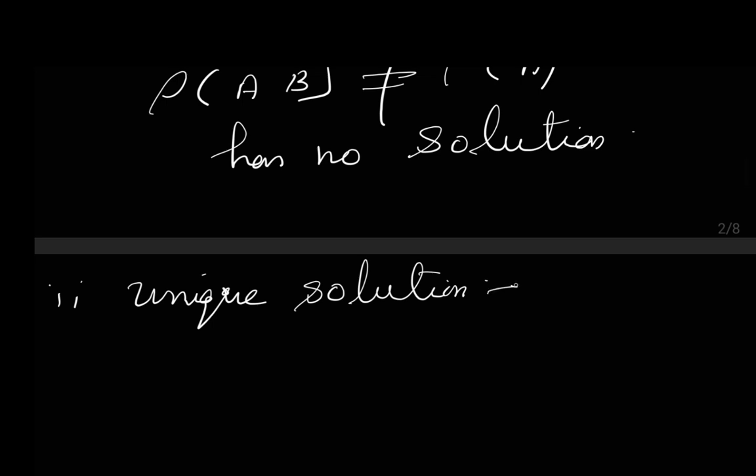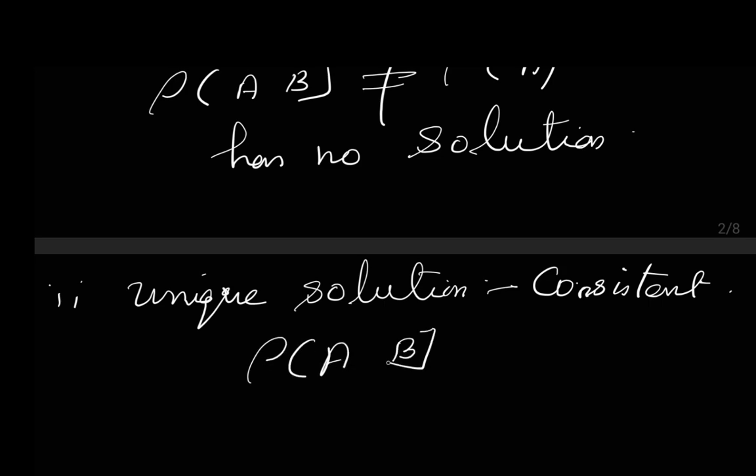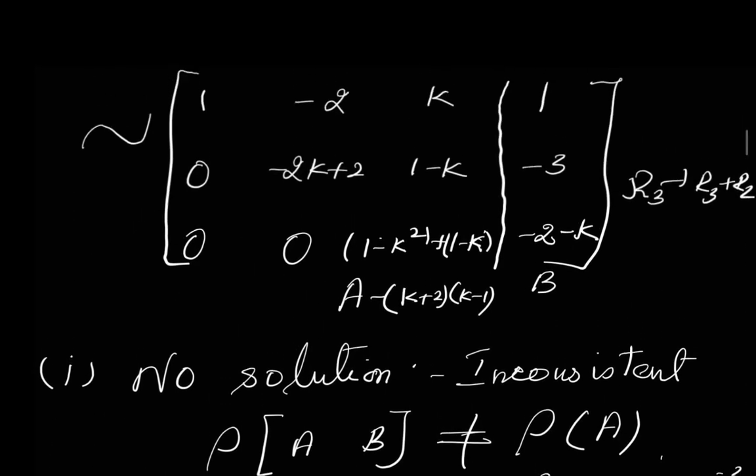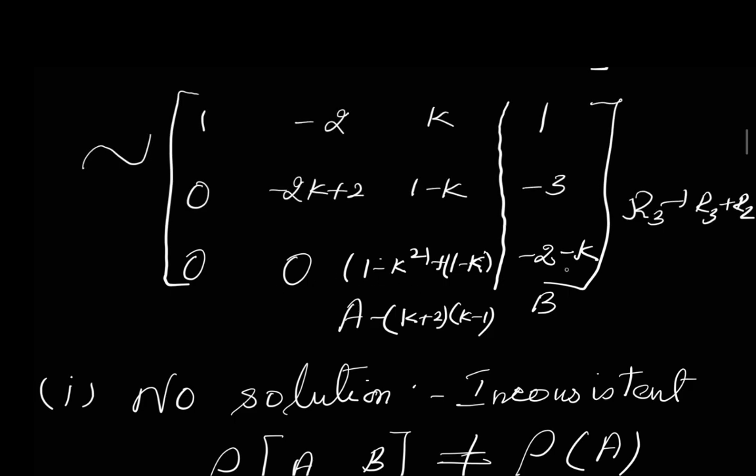See, when the system has a unique solution, in the consistent case, rank of AB is equal to rank of A. Both should be equal to 3 because there are 3 variables. So both must have rank 3. So the last row in the A matrix as well as in the AB matrix should not be equal to 0.